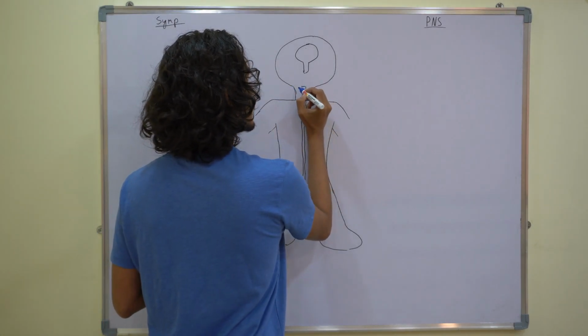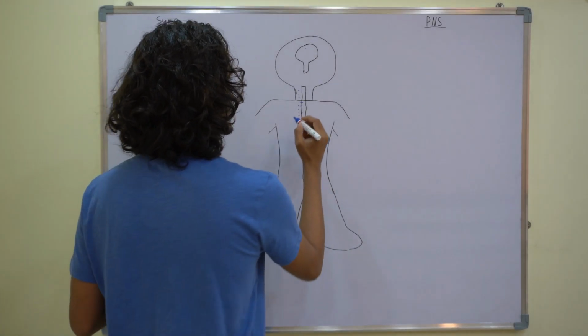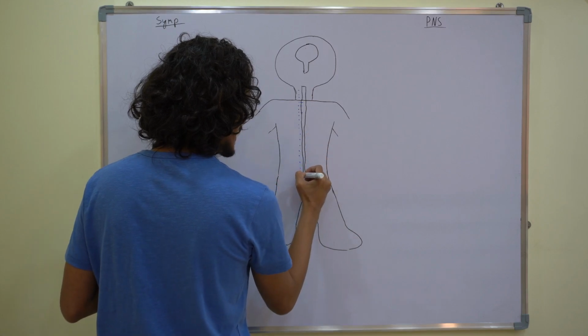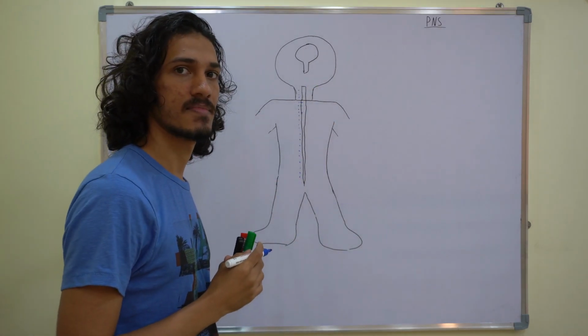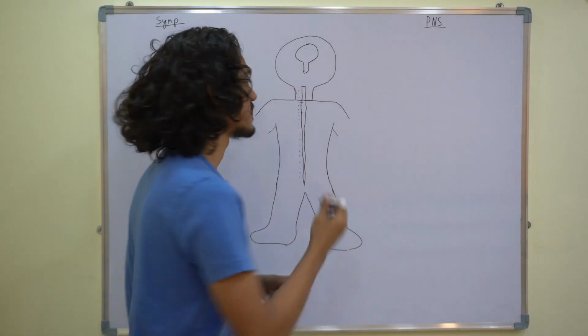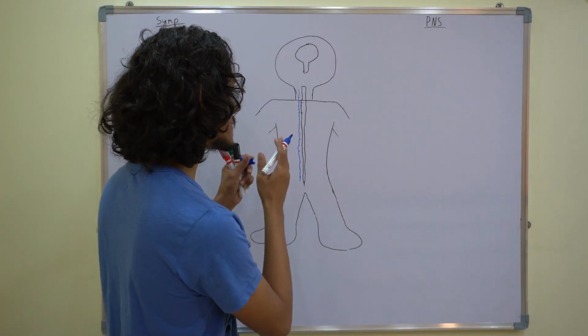Over here also there are 3 ganglia like that. These chains of ganglia are there on either side, and they form your sympathetic ganglia, a sort of chain over here.